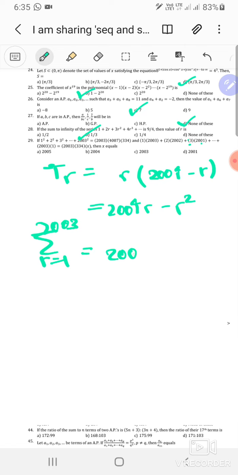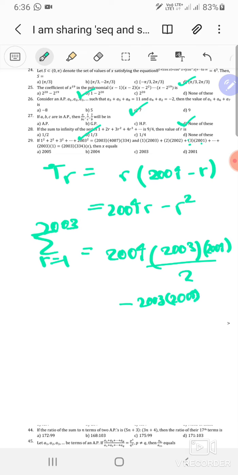That's just 2004 into, first of all, r, which is 2003 into 2004 upon 2, and minus the sum of r squared, that's supposed to be 2003 into 2004 into 4007, which, yes, it's over there. Okay, no problem.